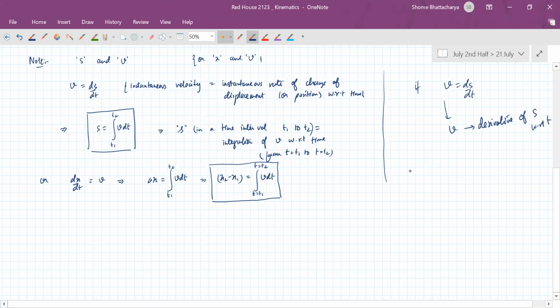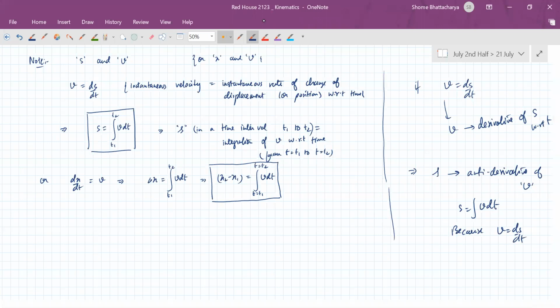So what is the reverse of this statement? It means that s is the antiderivative of v. So s is equal to integration v dt because v is equal to ds by dt. That's the simple logic of that. Okay? So just make a note of this now. With examples, you will understand this better.